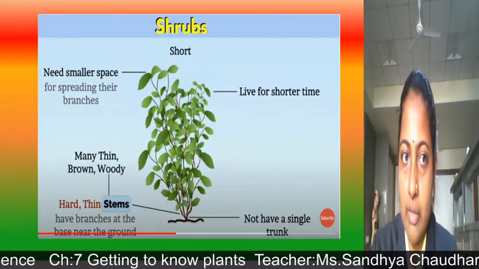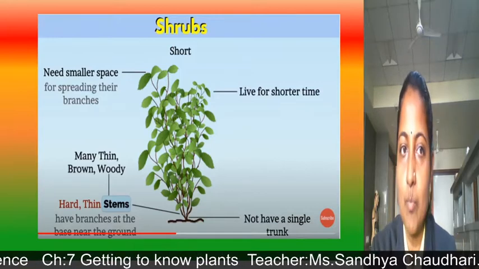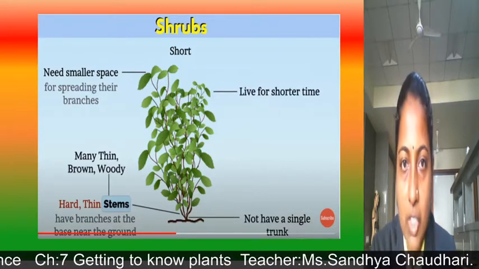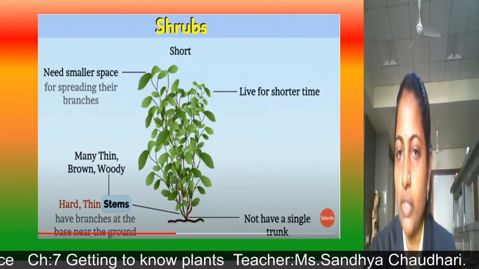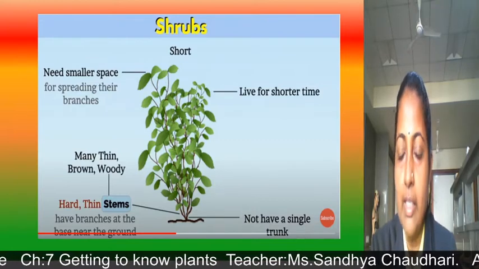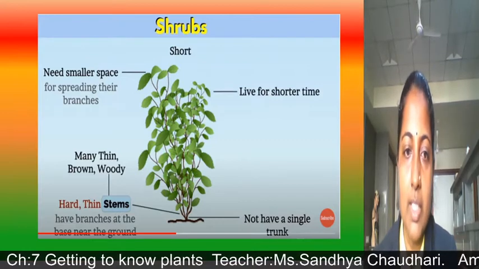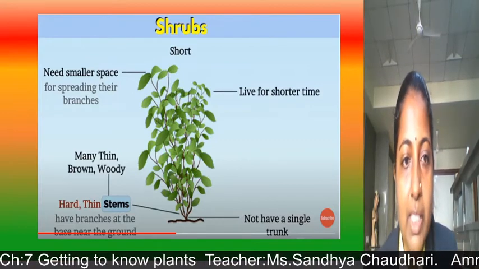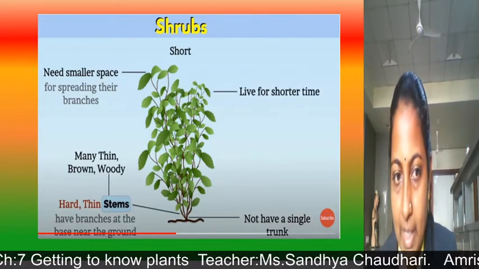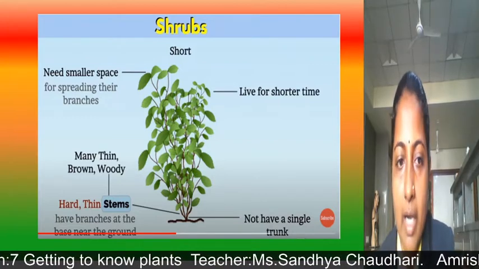Shrubs are short and they also need smaller space for spreading their branches. They live for shorter time and do not have a single trunk. As you can see, many branches are there and many thin and brown woody stems are there, and the stems are hard and thin.